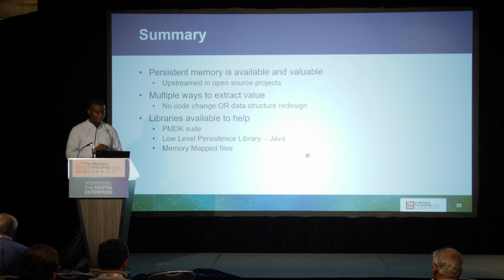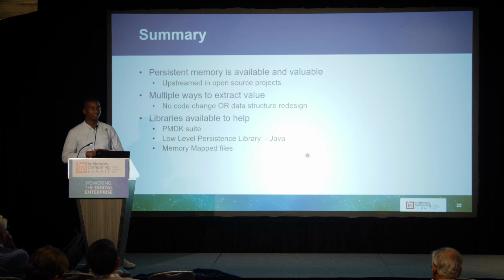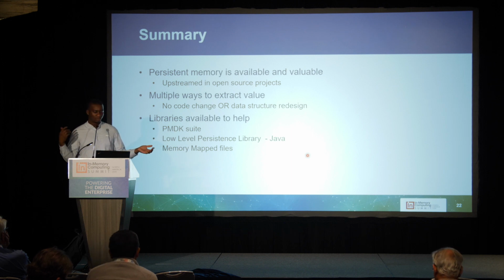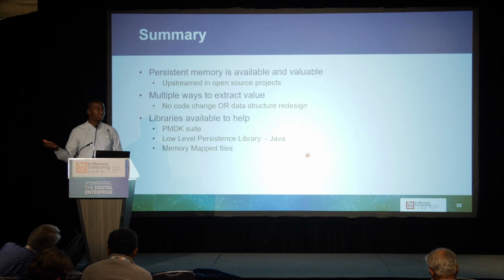So in summary, persistent memory is available, and it is valuable. It's in use today in multiple open source projects. Some of them are upstreamed in the trunk, some of them are not. We've also learned that there are multiple ways to extract value from persistent memory. They range from no code change to data structure redesign.